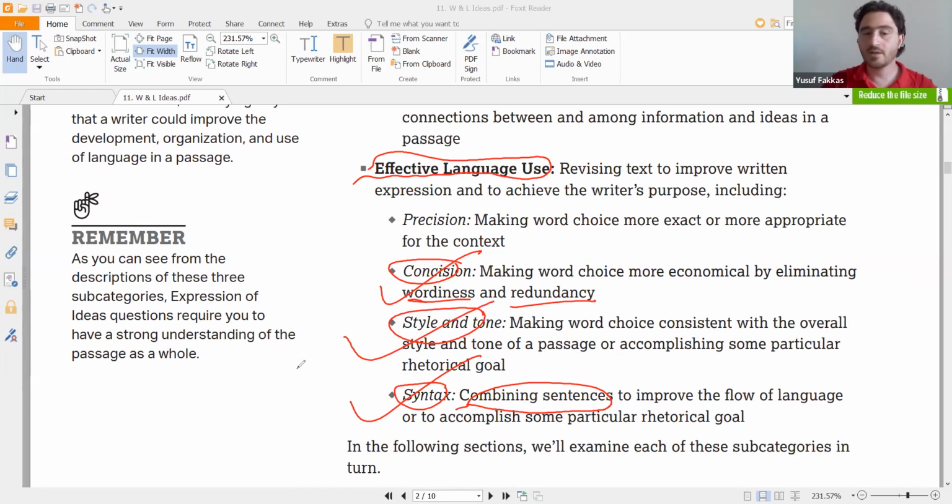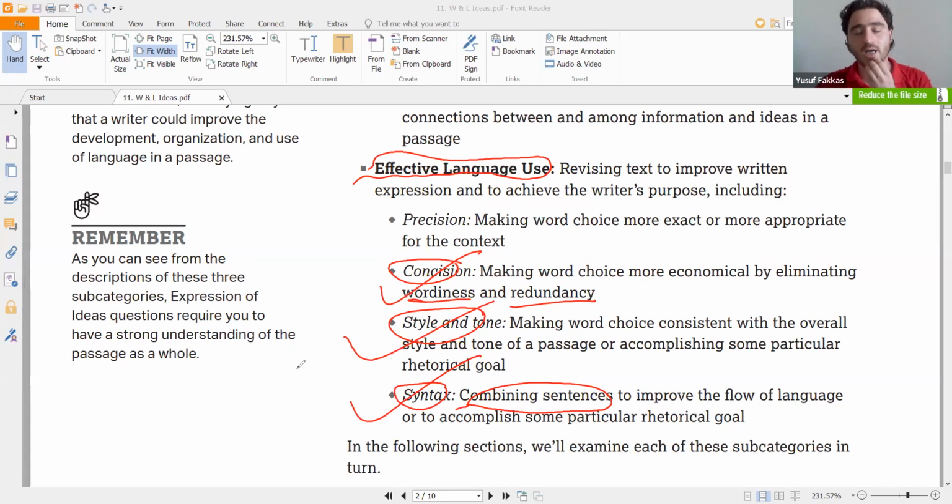We said that when we have options that give us the same meaning, and it's not about wordiness, then we look at the kind of words used. Are they informal, formal, or too formal? We said, of course, we should be in between. We're not going to use informal language in the SAT passages, but at the same time, we're not going to use too fancy, complicated words that people rarely use. Okay, we covered that point.